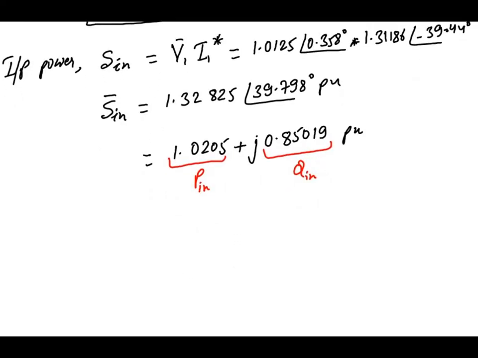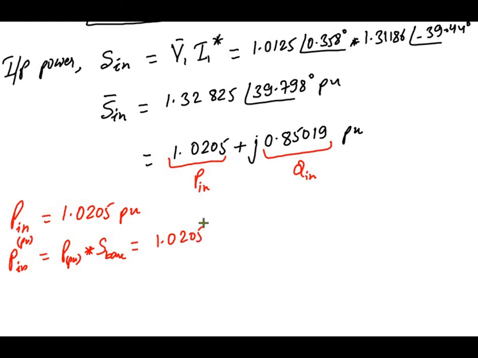We will change it into kilowatts. P input will be equal to P in per unit multiplied by S base. P in per unit is 1.0205 and S base is 10 into 10 to the power 3, so it will be around 10.205 kW.